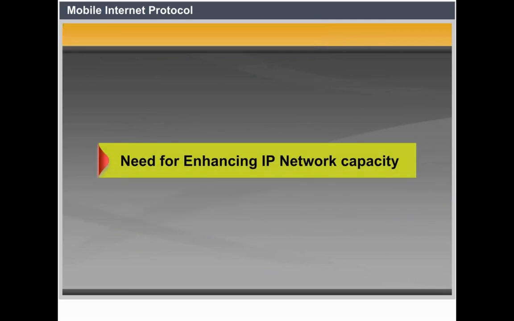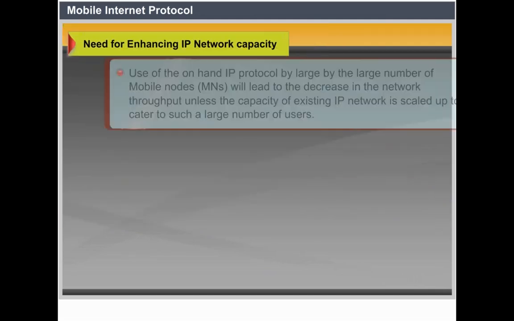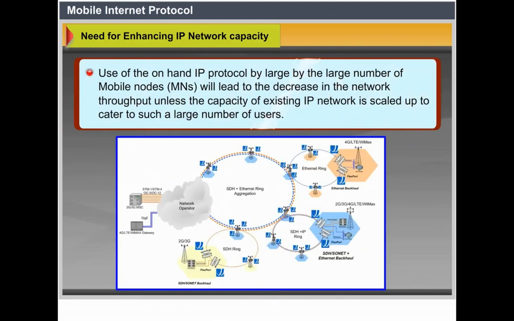Need for enhancing IP network capacity. Use of the existing IP protocol by the large number of mobile nodes, MNs, will lead to a decrease in the network throughput unless the capacity of existing IP network is scaled up to cater to such a large number of users.